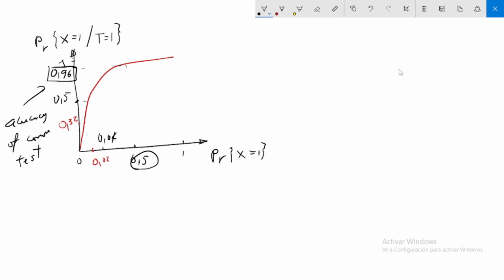So what is this number trying to tell us? It means that if we don't have prior belief, if we don't have prior probability, we are assuming that our prior probability is 0.5. Or in other words, when we take a probability result like 0.96 as the probability of having corona given that we have a positive test, we are assuming that our prior belief is 0.5, which means that we don't have information.